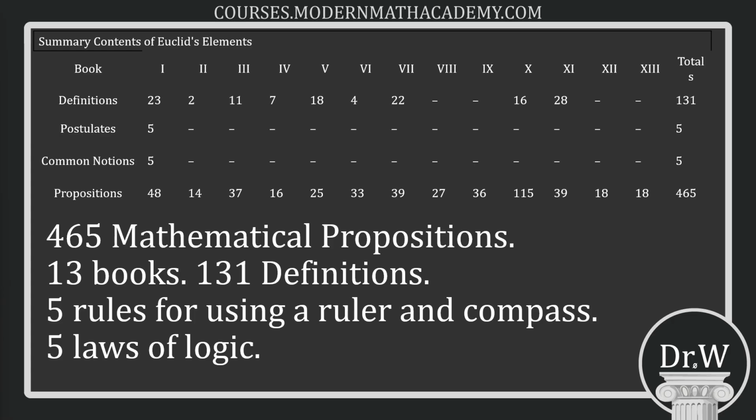There are 465 mathematical propositions put through these 13 books. There are a total of 131 definitions. Euclid defines what a point, what a line, what a square is, etc. And he has 5 postulates or axioms and 5 laws of logic.